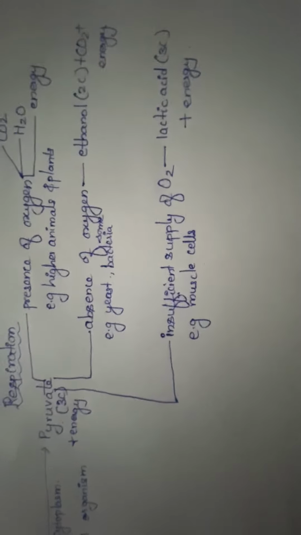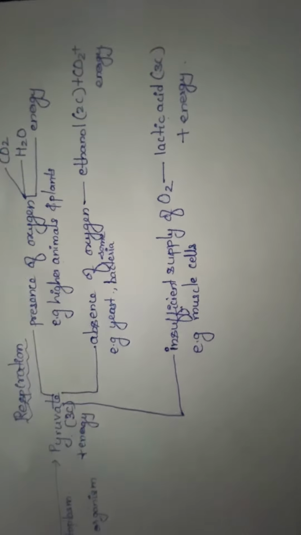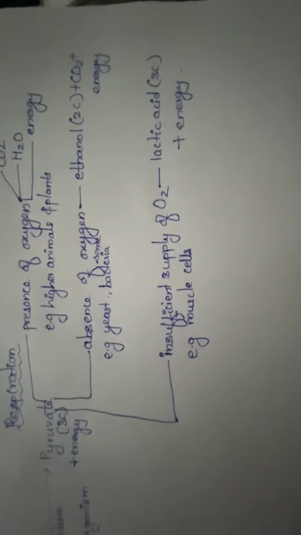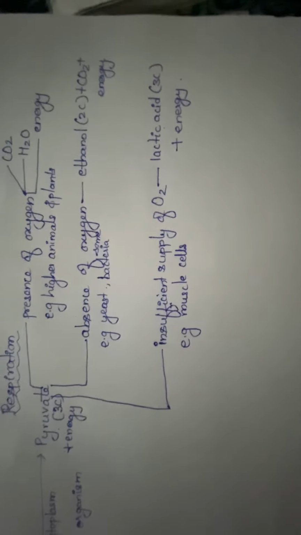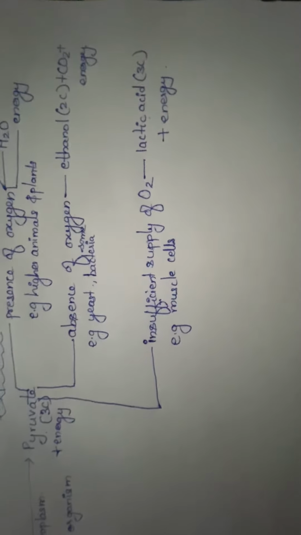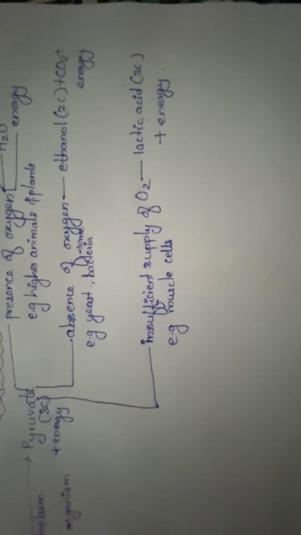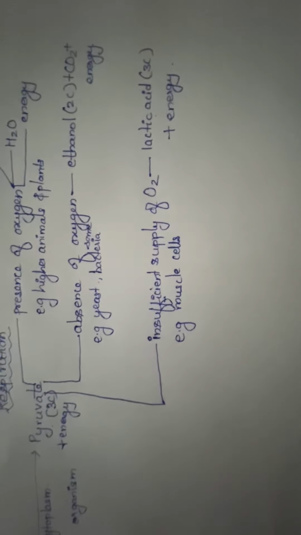It gets accumulated in the muscle cells. Sometimes you must have observed that your muscles get cramped when you are doing physical exercise. That is the condition that arises when there is insufficient supply of oxygen in the muscle cells, and the lactic acid gets stored there.